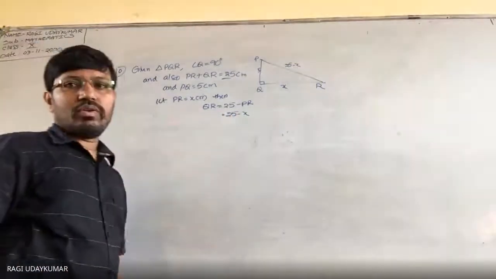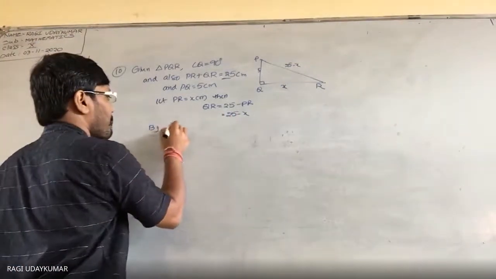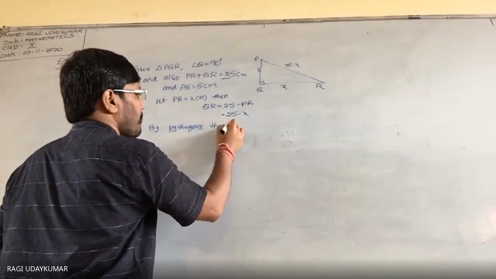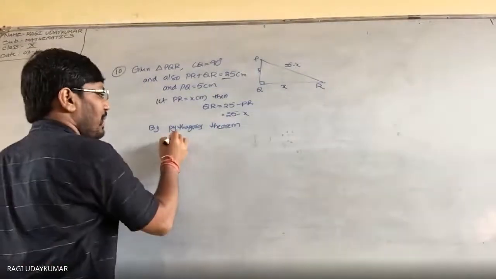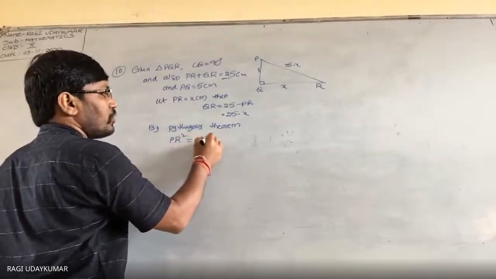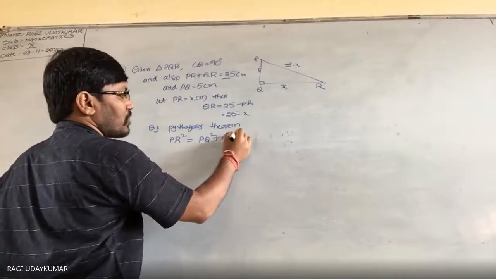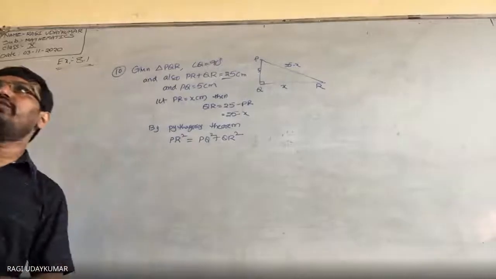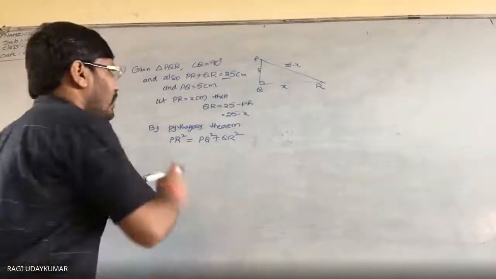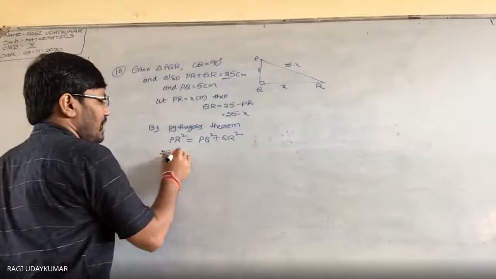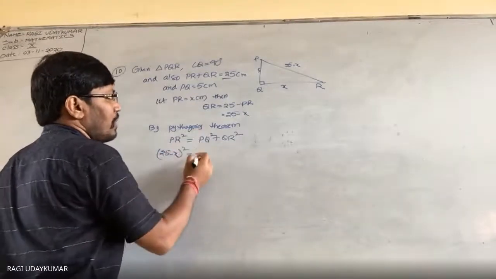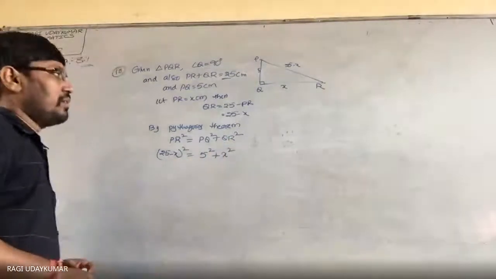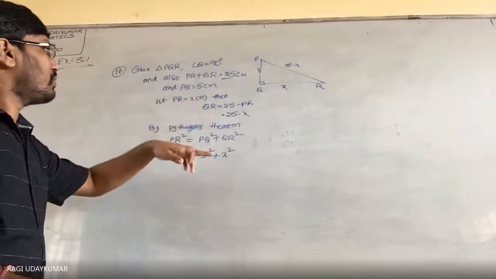Okay. So now, by Pythagoras theorem, PR square is equal to PQ square plus QR square. Using the Pythagoras theorem, you can find out the x value. Find the x value first. So 25 minus x whole square is equal to PQ, which is given as 5 centimeters, and x square.